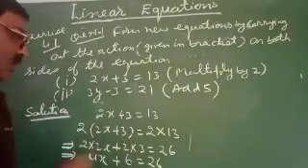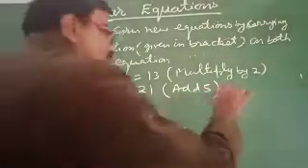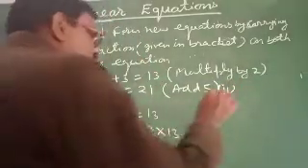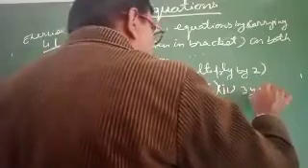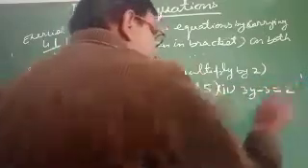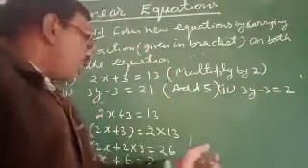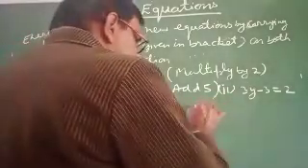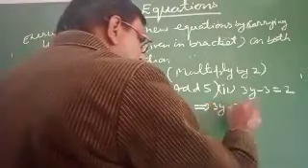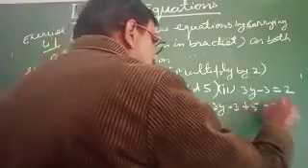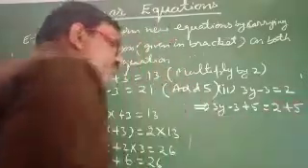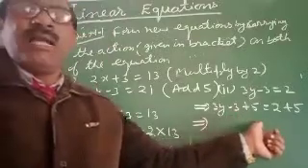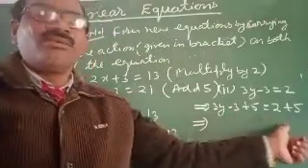Now the second part is 3y minus 3 equals 2. We have to add 5 on both sides. Then it will be 3y minus 3 plus 5 equals 2 plus 5.